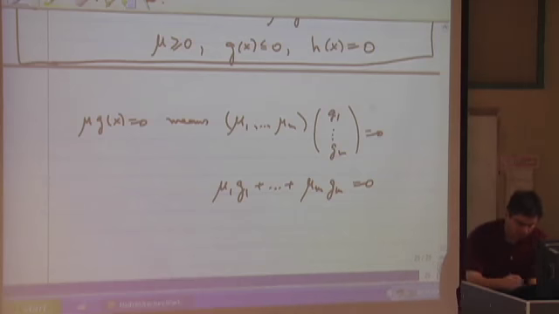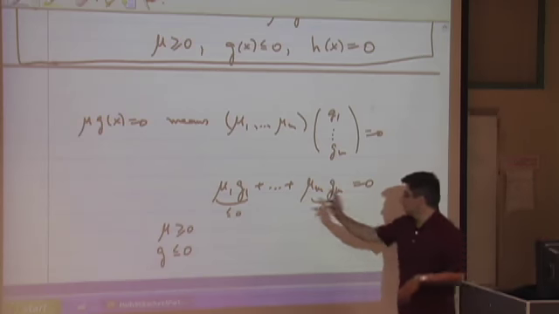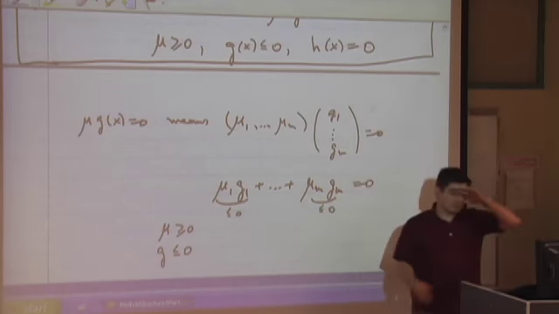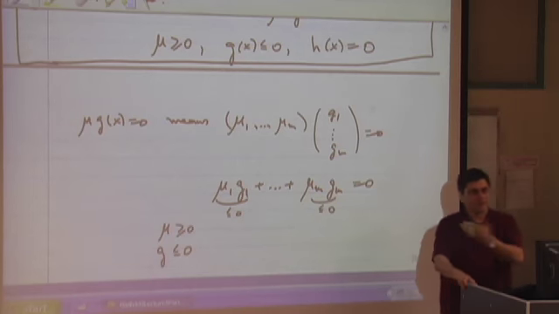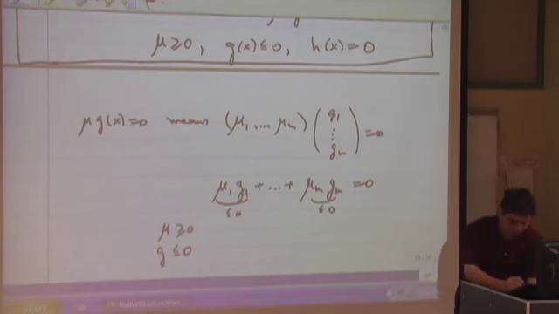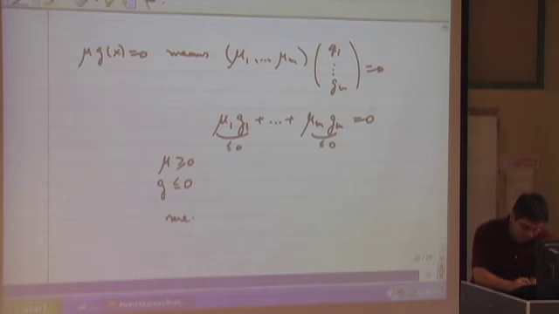Now take a look. Mu's are positive, g's are negative. So each of these is non-positive. So how can a sum of non-positive terms be 0? They have to all be 0. So it means mu j g j equals 0 for j from 1 to m.